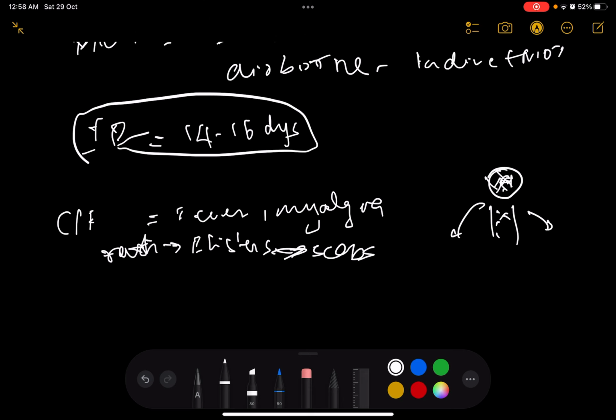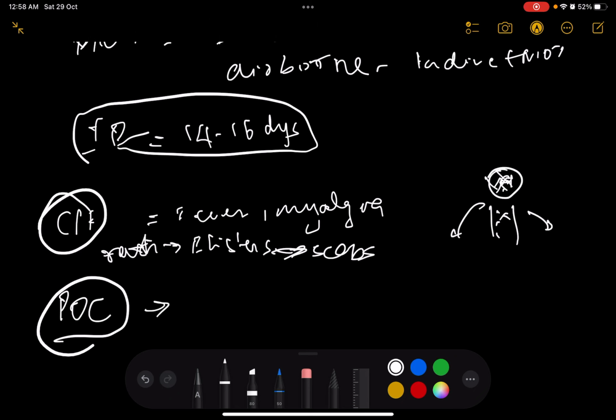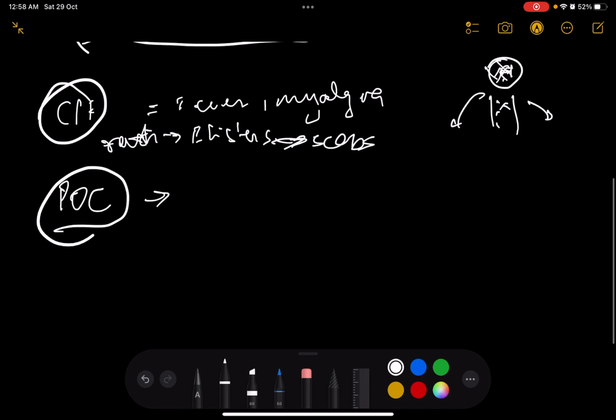Other than that, as this comes under a very important part of epidemics of communicable diseases, we need to know the period of communicability. It is important because we know for how long we should isolate the patient. The period of communicability for chickenpox is as long as scabs. What do I mean by that?